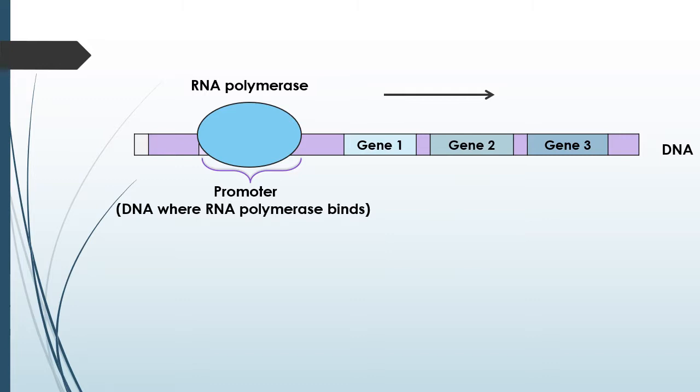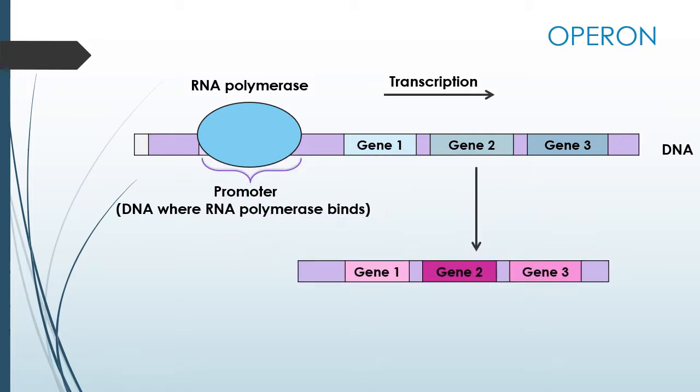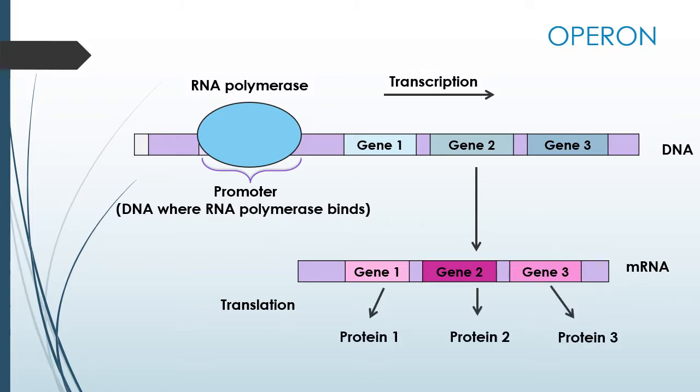Most operons have other regulatory DNA sequences in addition to the promoter. These sequences are binding sites for regulatory proteins that turn expression of the operon up or down. Some regulatory proteins are repressors that bind to pieces of DNA called operators.